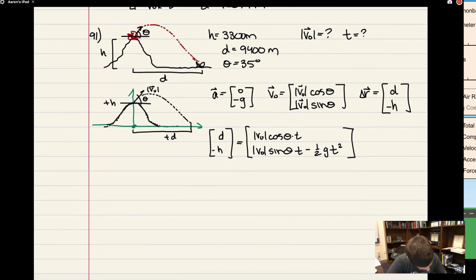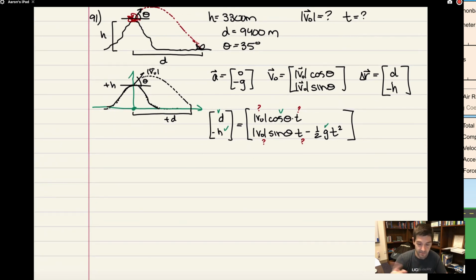Now again, what do we know? We know d, we know h, we know theta, we know g. We do not know the speed and we do not know the time in both. So again, we have to use both equations together to get a value for both t and the speed simultaneously. The problem asks for the speed first and then the time. But I think it's simpler to solve for time first.